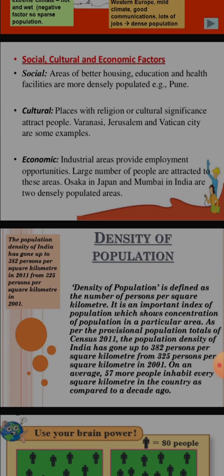Understood? Now come to the next point, that is cultural. Places with religious or cultural significance attract people. Examples are Varanasi, Jerusalem, Vatican City.